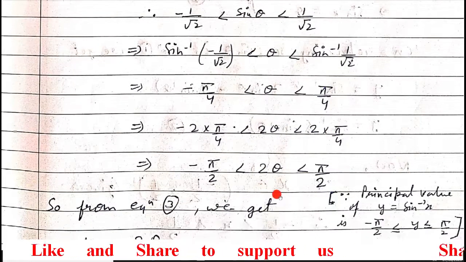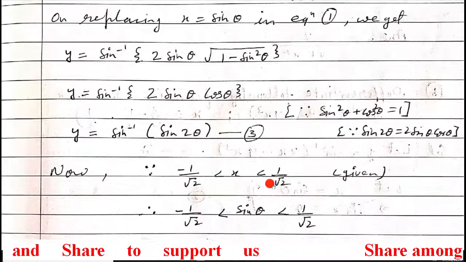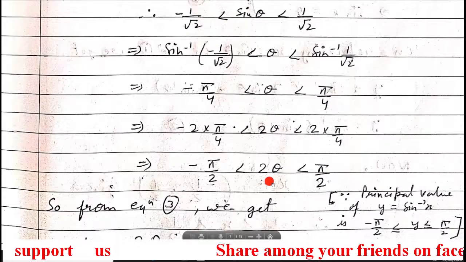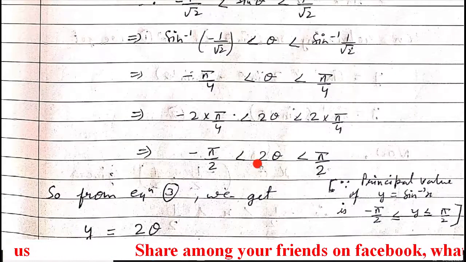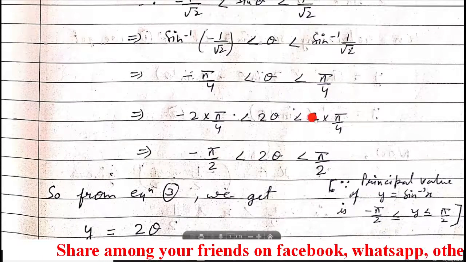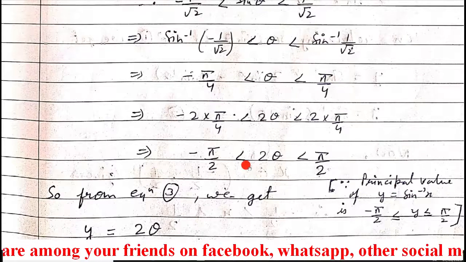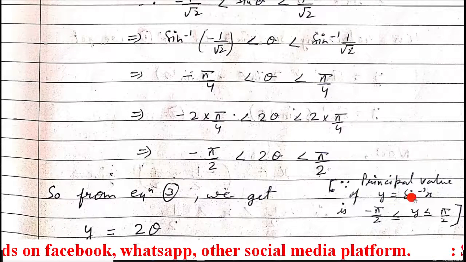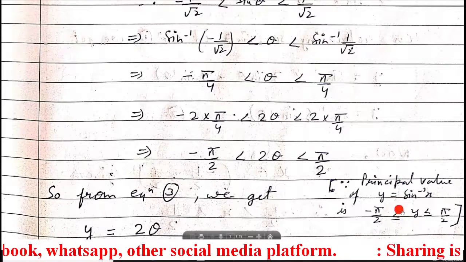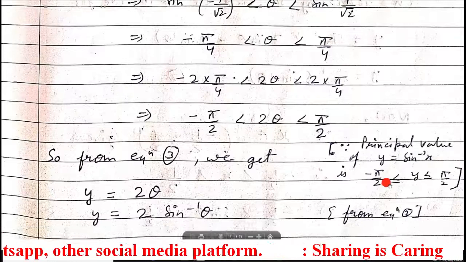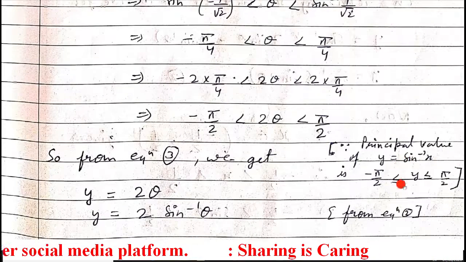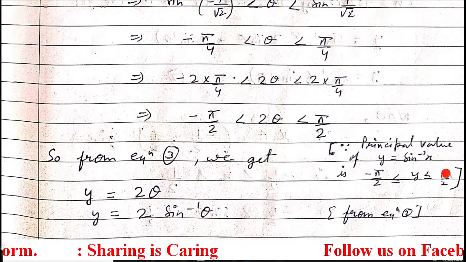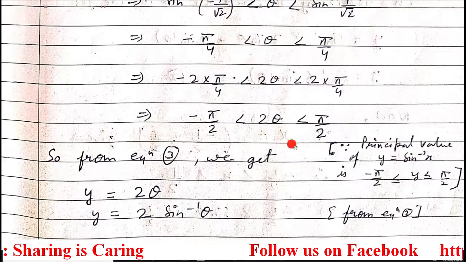Now we will start with what we have here, that is sine inverse x. So we'll decide whether the sine inverse principal value belongs to this or not. So we'll write here the principal value of y is equal to sine inverse x. This we had already understood in the second chapter, that the principal value of sine inverse x is the closed interval minus pi upon 2 to pi upon 2, and here also we got the same.